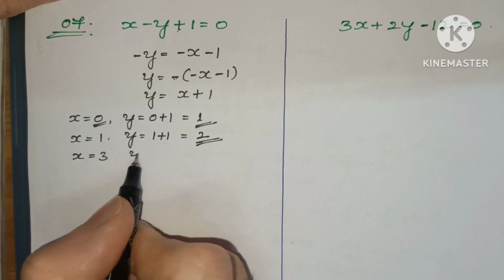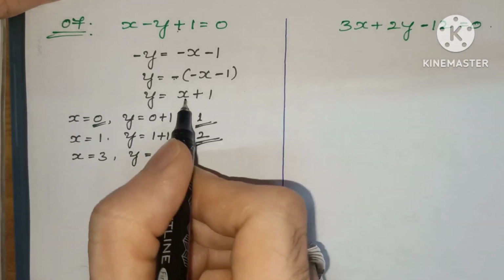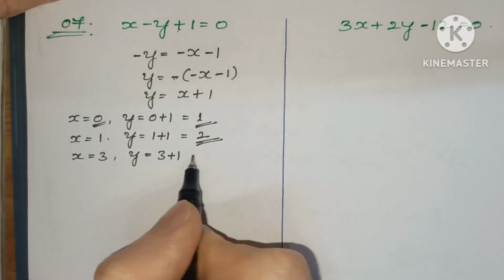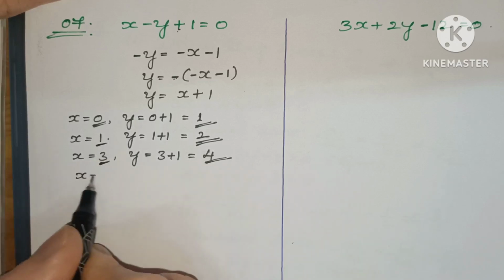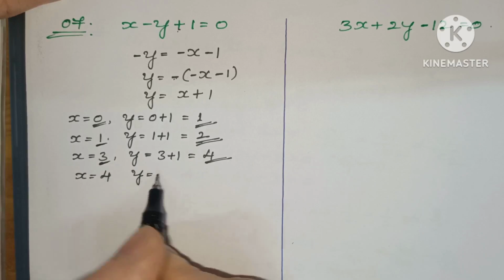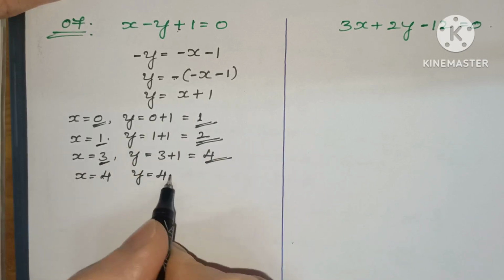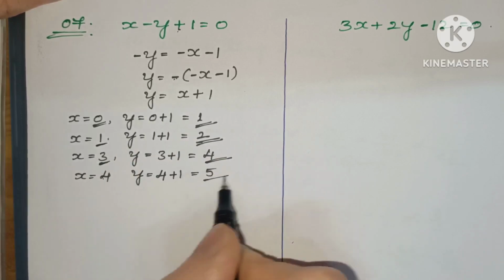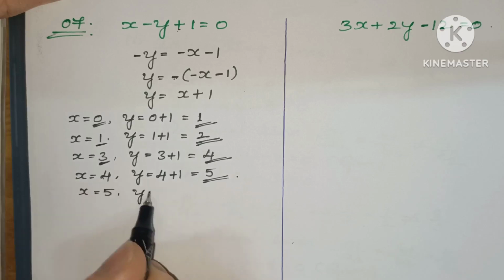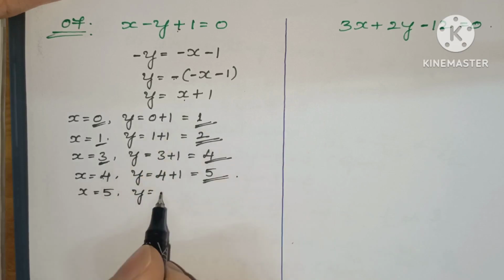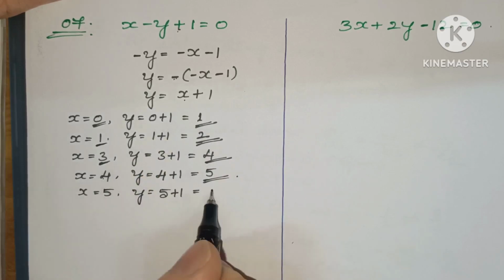Then y is equal to, in x place you substitute this one, 3 plus 1, that is equal to 4. Y value is 4. Now x is equal to 4. Then y is equal to 4 plus 1, that is equal to 5. One more we will find. X is equal to 5. Then y is equal to 5 plus 1, that is equal to 6.